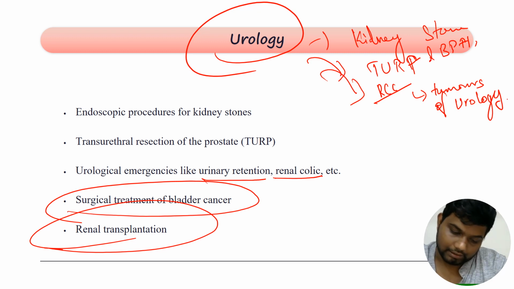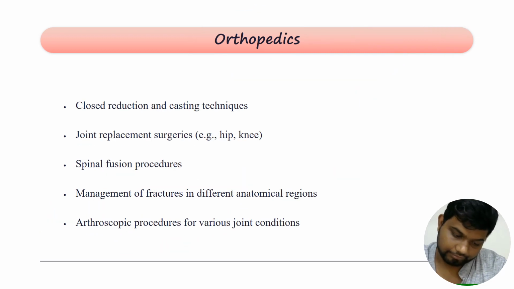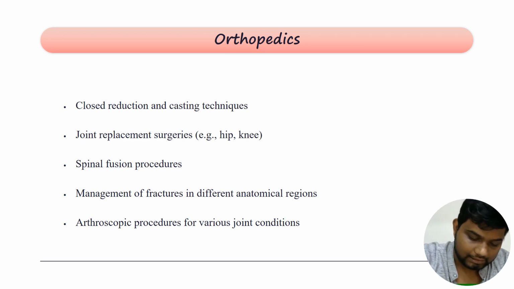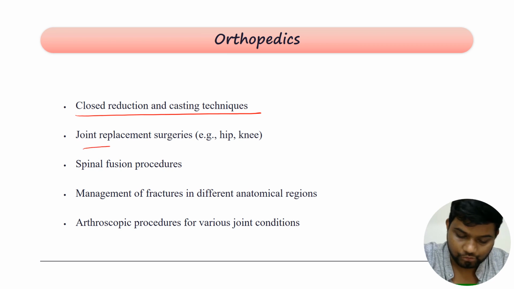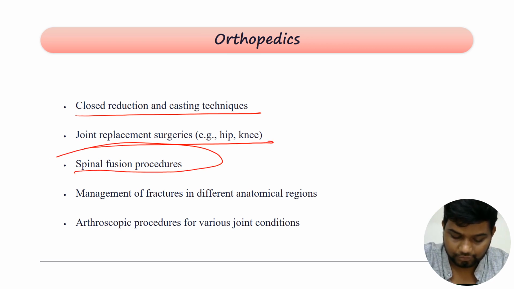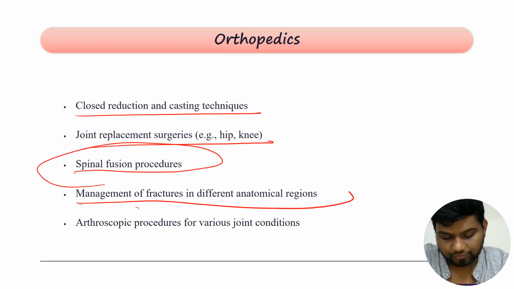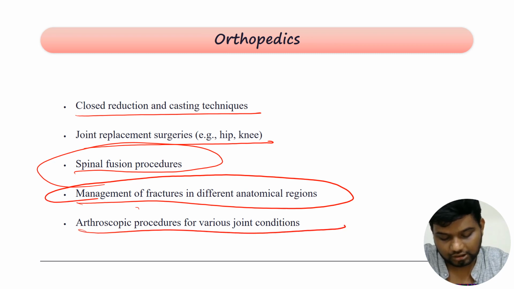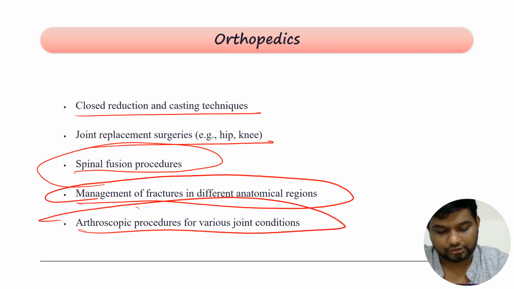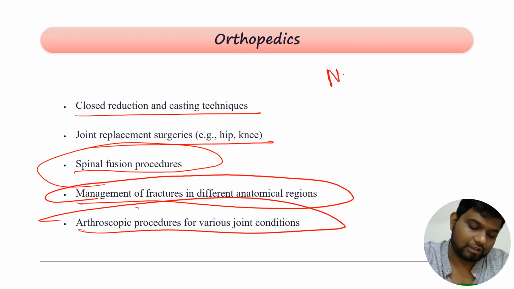Okay, the next area of interest is orthopedics. Casting techniques and closed reduction techniques, joint replacement surgery, spinal fusion procedures, management of fractures in different anatomical regions, and arthroscopic procedures for joint conditions are the areas you should not miss. All the named fractures we will discuss in the orthopedic section.